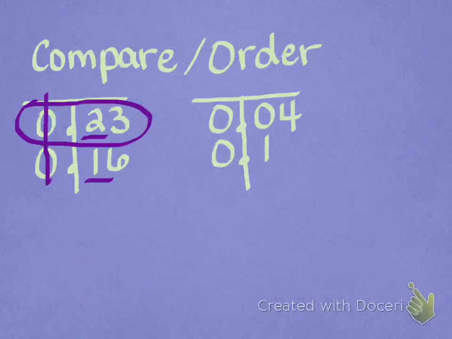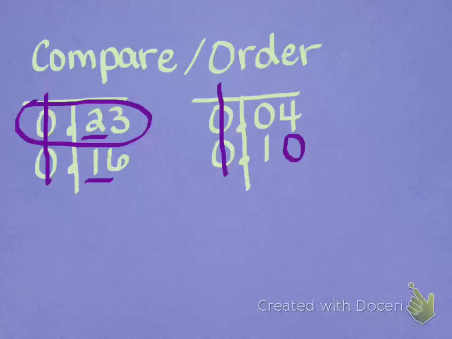If we take a look at the next one, I notice that I have some holes that I need to fill in. So I'm going to put a 0 here to fill in this empty spot. So now I have the same number of digits in every column. I'm going to look at my first column, the whole number column, and mark this out because we have the same digits.